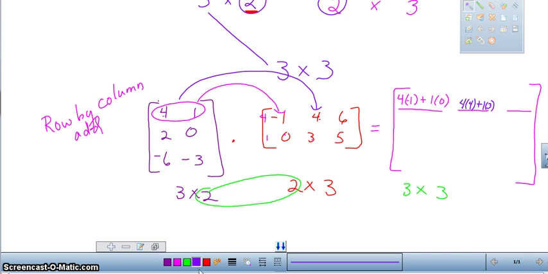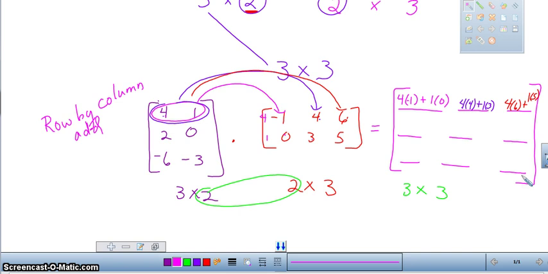Now to get the last one, same row, 4, 1, I multiply it by the last column, 6, 5. So the 4 goes with the 6, plus the 1 goes with the 5. Since this is a 3 by 3, it has 3 rows with 3 columns, so altogether 9 elements.